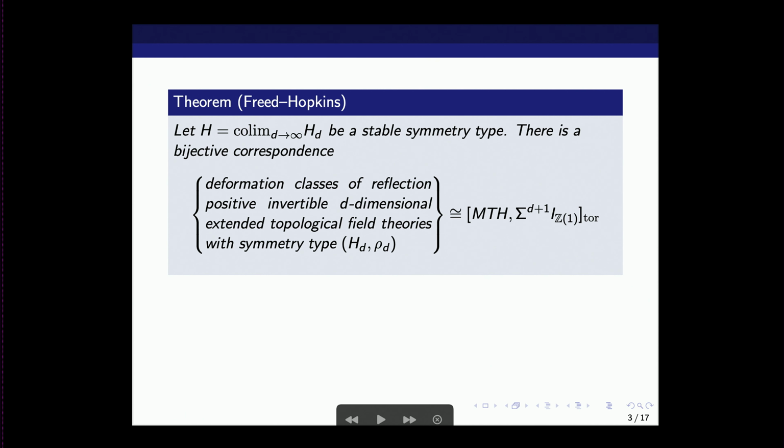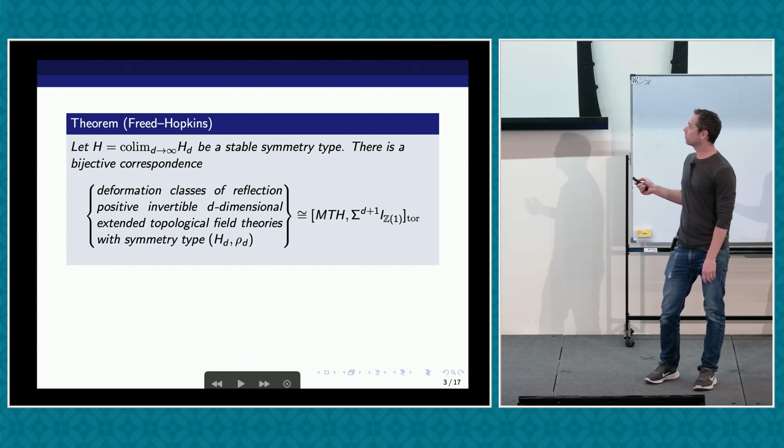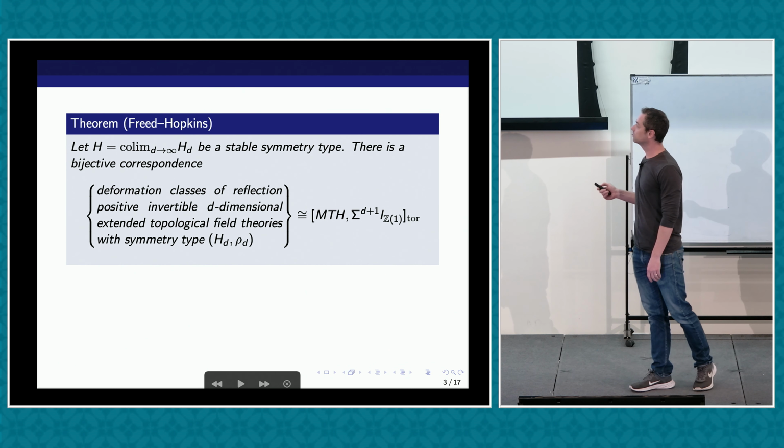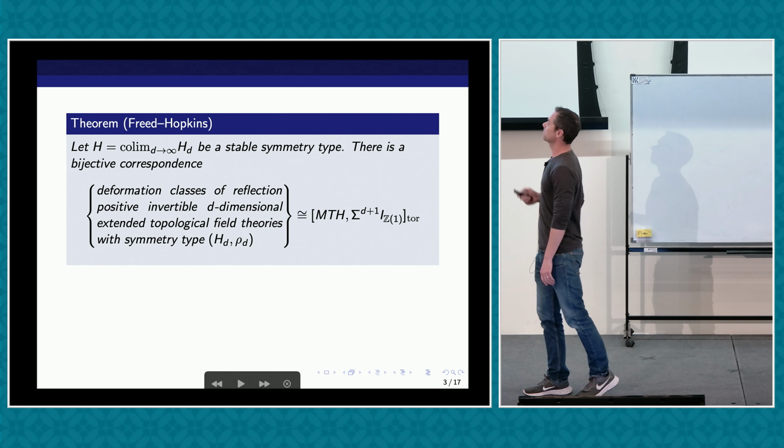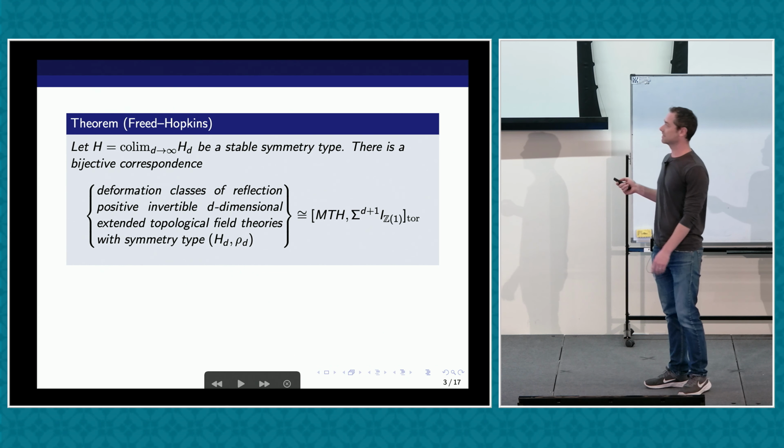The main theorem of this paper is that if you look at deformation classes of reflection positive invertible, d-dimensional extended topological field theories with a fixed symmetry type, then you can compute the deformation classes as homotopy classes of maps. Here you have some spectrum, the Thom spectrum associated to a stable symmetry type: you have these Lie groups that include into one another, and you take the colimit as the parameter d goes to infinity, and there's the Thom spectrum associated to that.